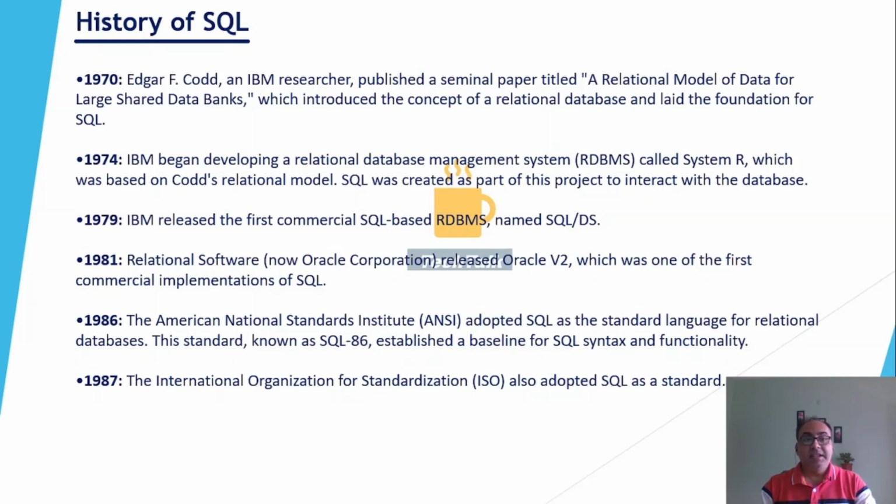Then in 1981, Relational Software, at that time, now Oracle Corporation, did the first commercial implementation of SQL. In 1986, the American National Standards Institute (ANSI) adopted SQL as a standard language for RDBMS. Then in 1987, the International Organization for Standardization (ISO) also accepted SQL as a standard language.